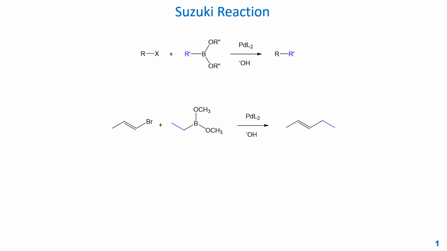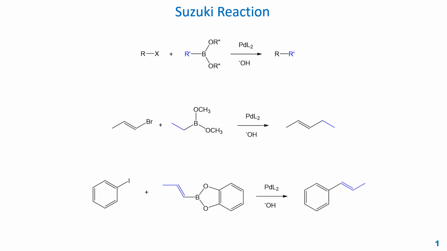pentene. And the other example here is iodobenzene. So this time the R is a phenyl group. And then the other organoboron compound has a vinyl group on the boron.